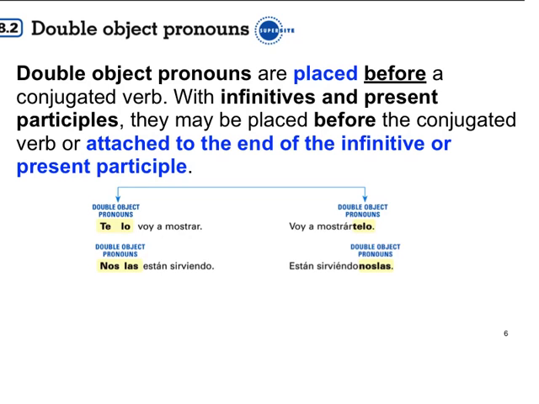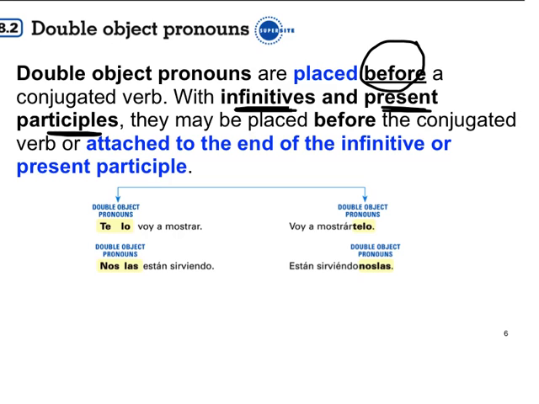And there's a couple more things I'd like to bring up. The placement of double object pronouns. Generally, they're before the conjugated verb. However, just like we remember before when we use pronouns, we can also use them with infinitives. And if you are using infinitives and present participles, they may be attached.